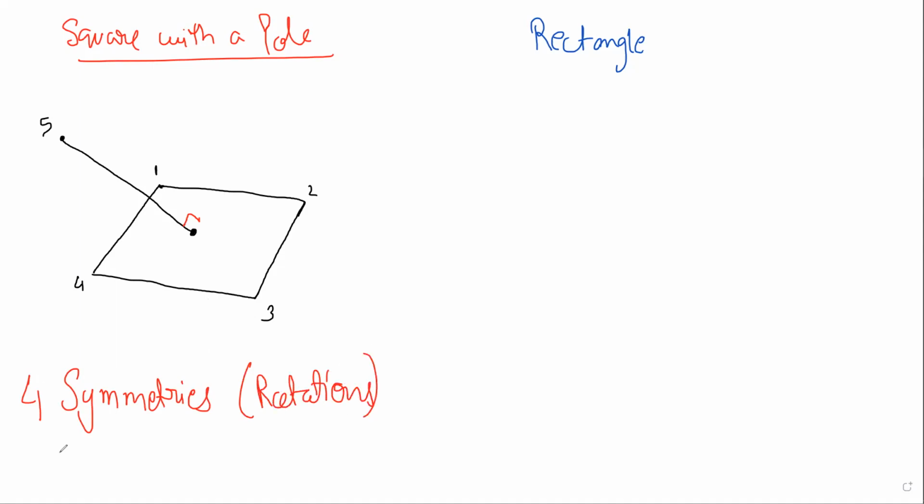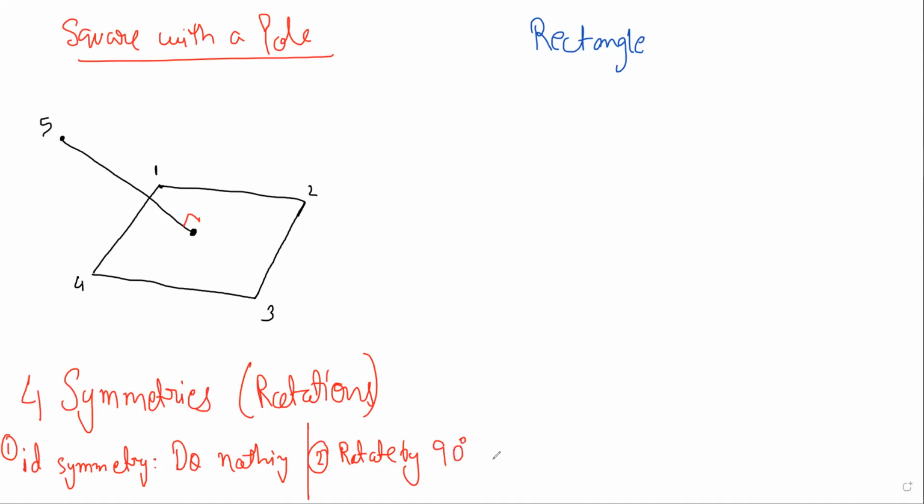I'll use notations for them. This is the identity symmetry, the do nothing symmetry. I'm just listing them out and giving them names. This is 1. And then you have 2, which is rotate by 90 degrees.